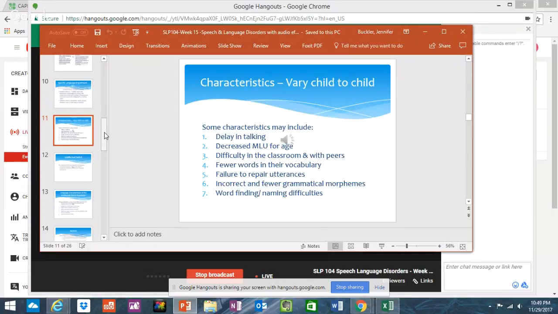Receptive language might impact not only their ability to follow directions, but just to listen in general and to process information that's being spoken to them.